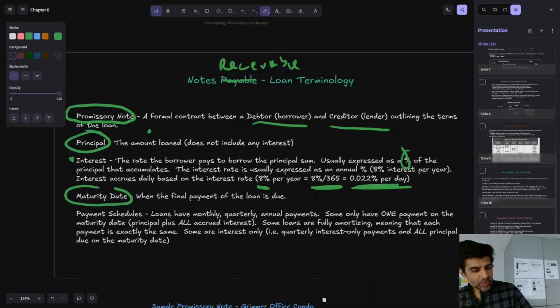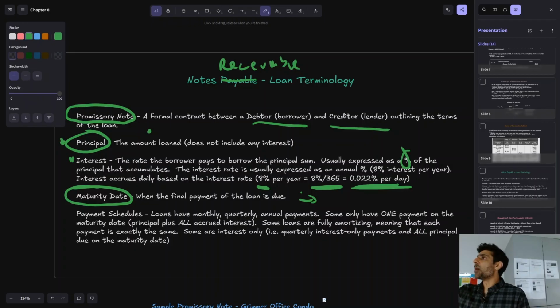Maturity date, okay, this is when the final payment of a loan is due. So when you buy a house and get a mortgage, the maturity date is actually not that special because a residential mortgage is set up such that each payment is exactly the same amount every month, and it includes interest plus some amount of principal, so that by the end of the 30 years or 15 years, the principal balance is zero.